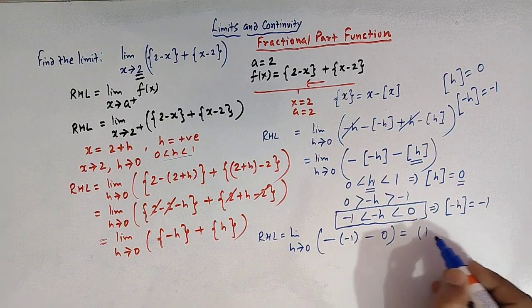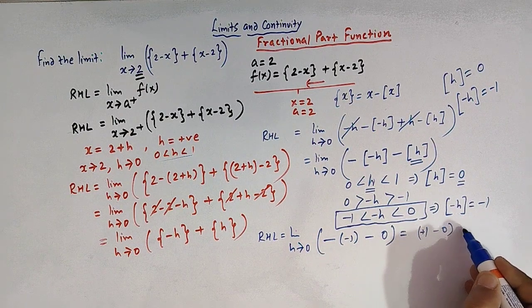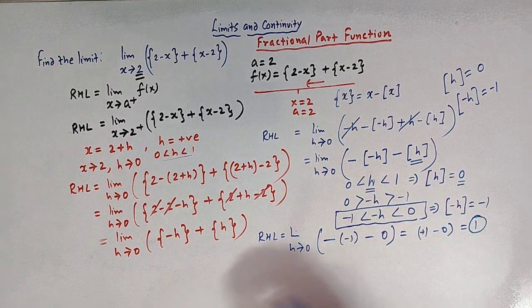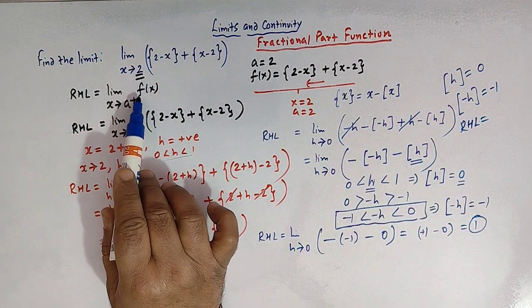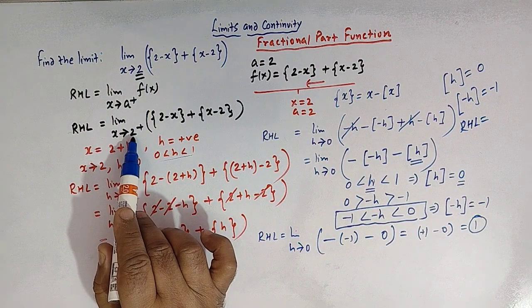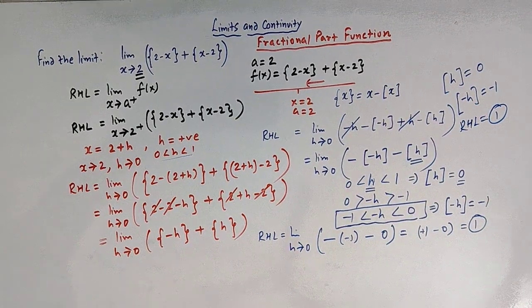So we have 1 minus minus plus, so we have plus 1 minus 0, that is equal to 1, right? So the right hand limit of this function f of x when x tends to 2 is equal to 1, right?